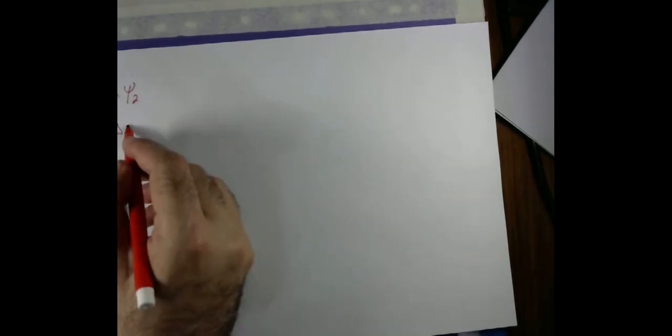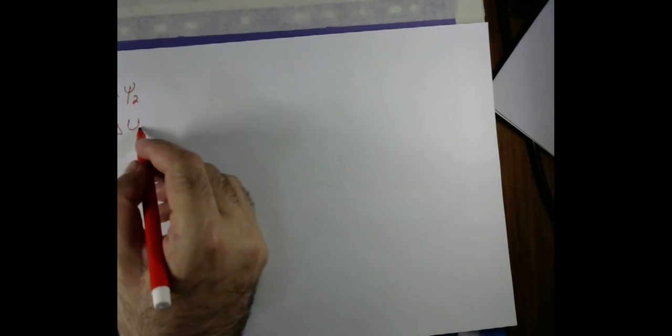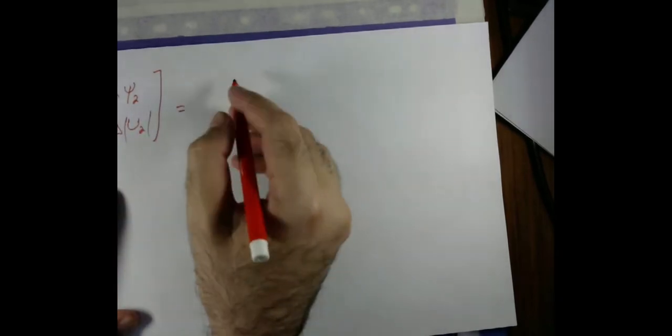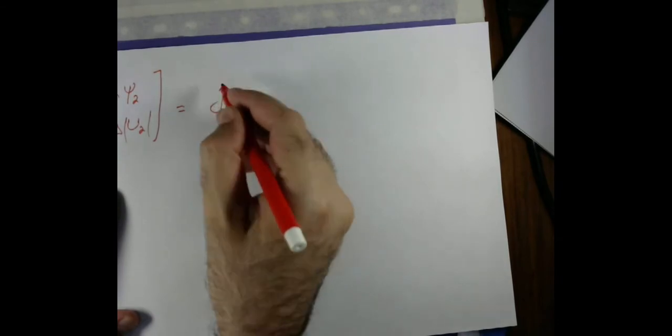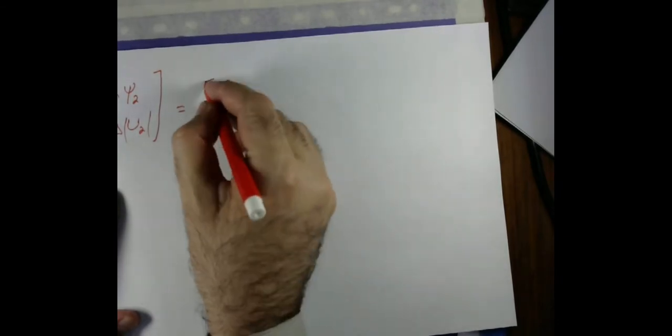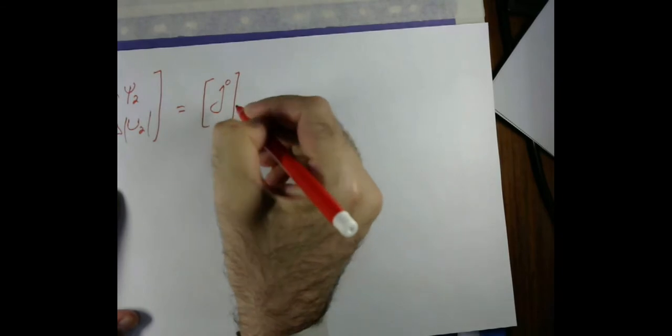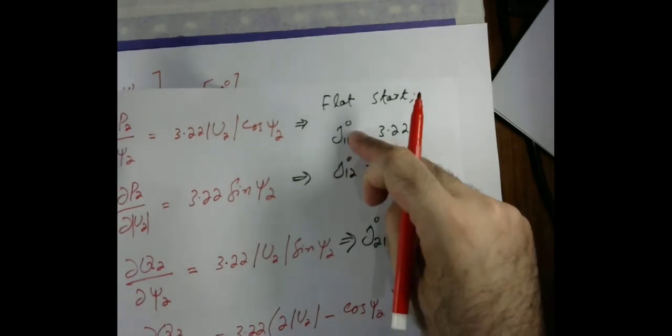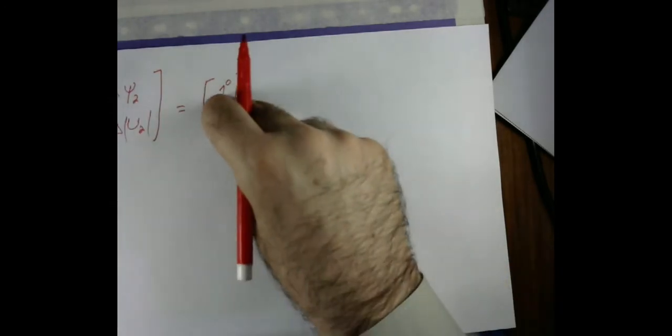The error in the angle and the error in the voltage magnitude will be equal to the Jacobian at 0 inverse times the mismatch. Why do I put 0? Because we have determined these values for the initial guess, so that's why I put 0 here.